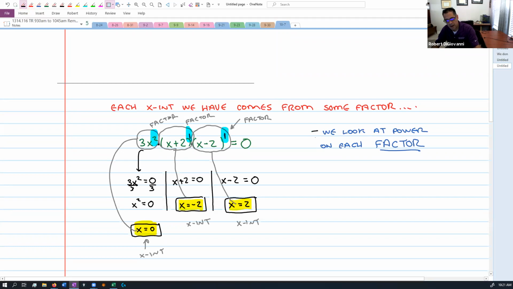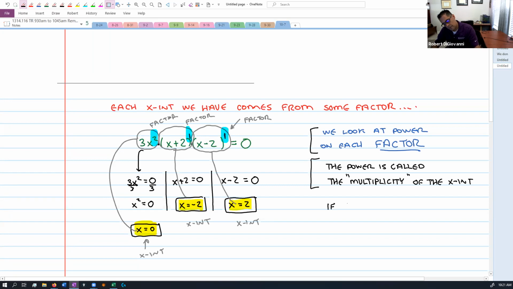So we're going to look at the power on each factor, right? The power is called the multiplicity of the x-intercept.